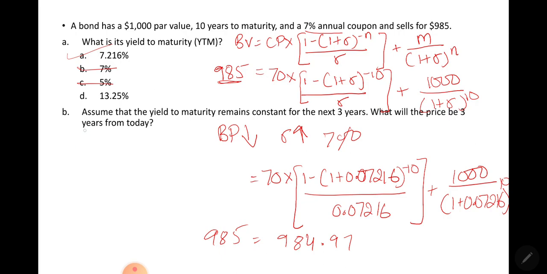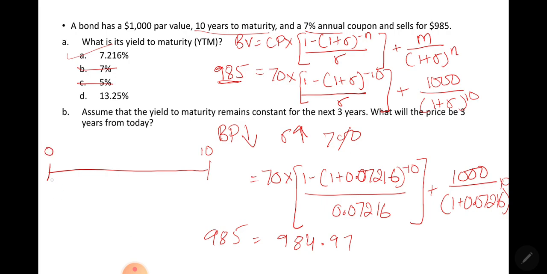Now in part B it says assume that the YTM remains constant for the next 3 years. What will be the price of the bond 3 years from today? So we're supposed to keep the same yield to maturity, and we're supposed to calculate the price 3 years from today. So the total maturity of the bond is 10 years.